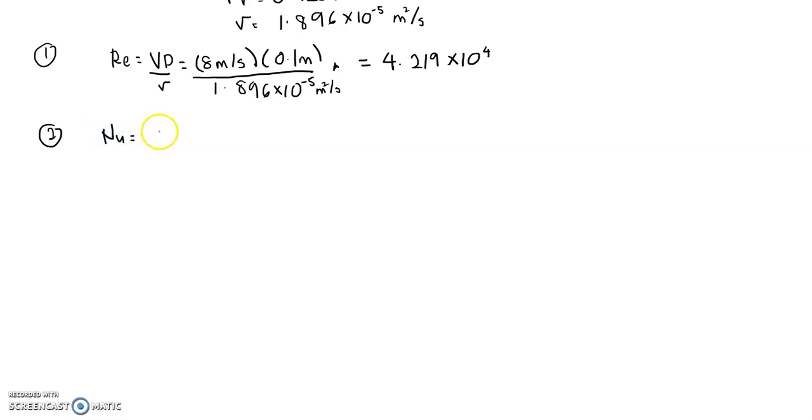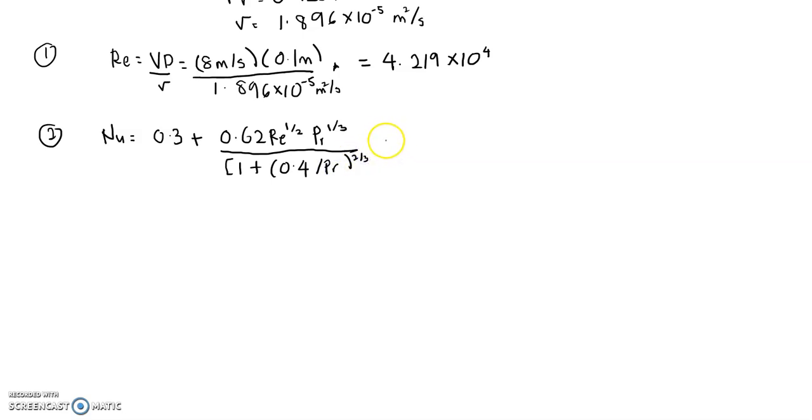For the cylinder, the formula is quite long, so make sure you key in the correct numbers in your calculator. It is 0.62 Re to the power of 1/2 Pr to the power of 1/3, multiplied by 1 plus Re over 282,000 to the power of 5/8, all to the power of 4/5.